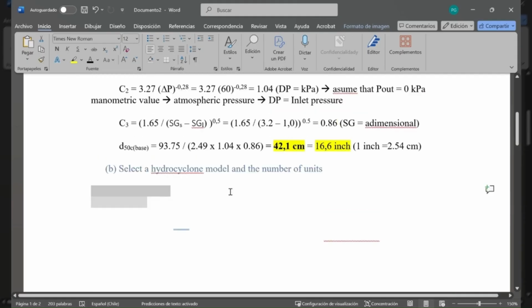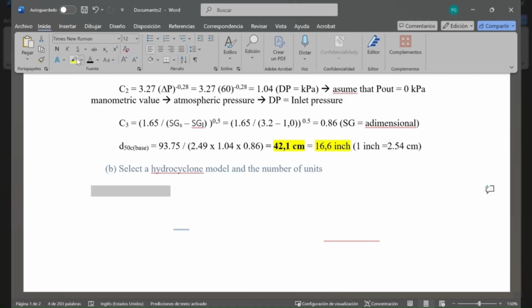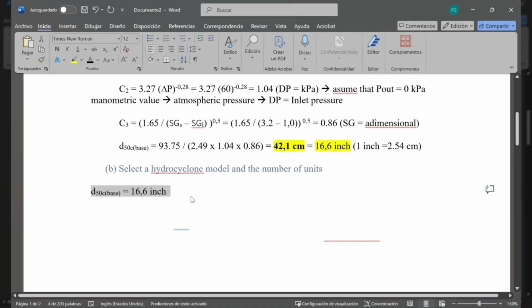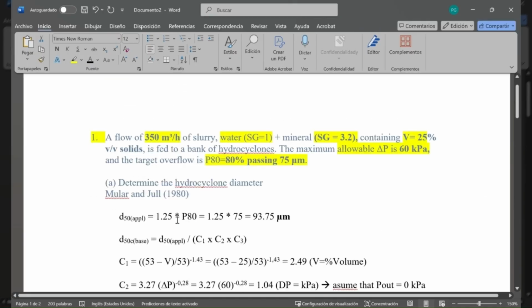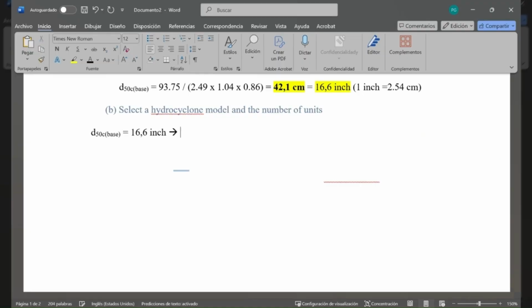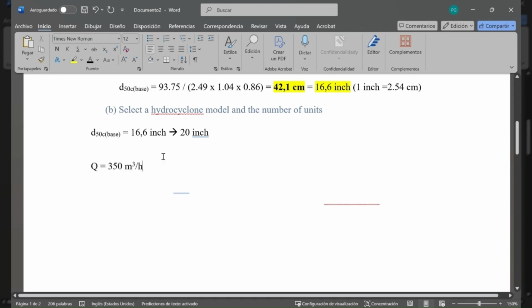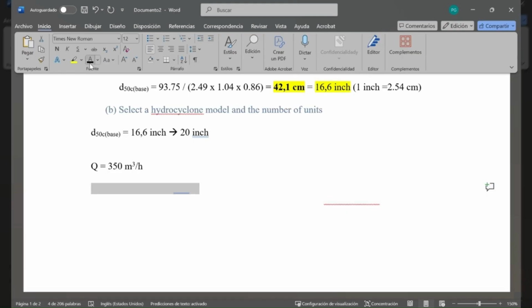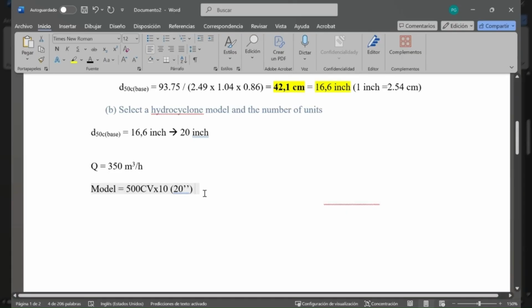So if we go to how this is solved, our hydrocyclone diameter calculated according to these correlations is 16.6, and we remember that we approximated that to the highest number available. And this is the feed of the slurry. Then the model is this one over here, so we have answered what model we actually need.